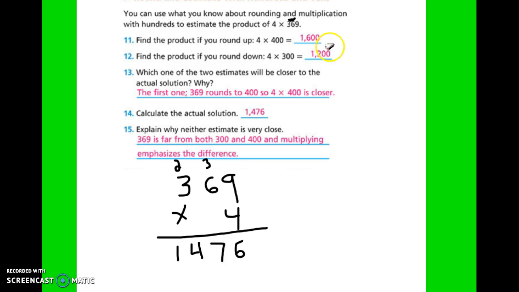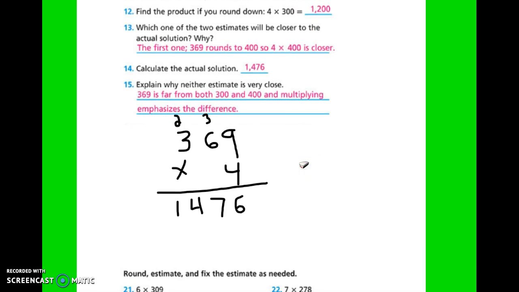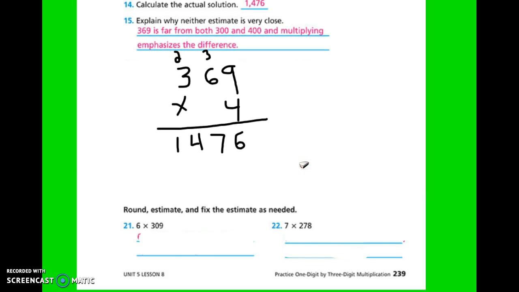So halfway between 1,600 and 1,200, about 1,400. If I would have said 1,400, I would have had a much closer answer to the correct one. And the reason I knew that is that 369 is a lot closer to that 350 mark, halfway in between the two, than it is to either 400 or 300.